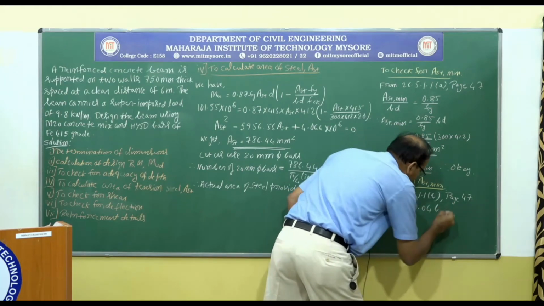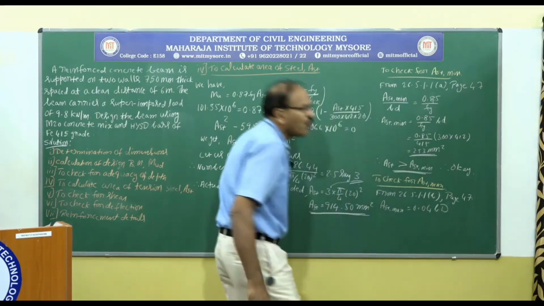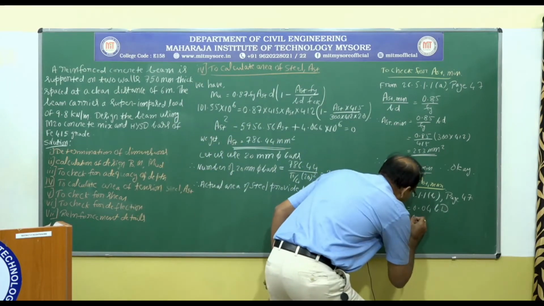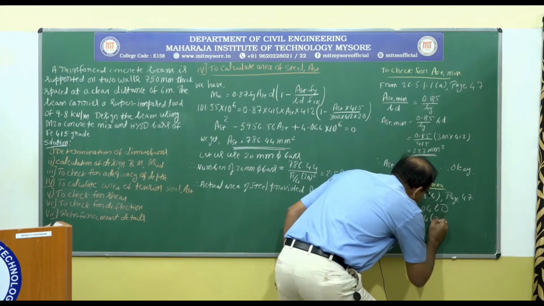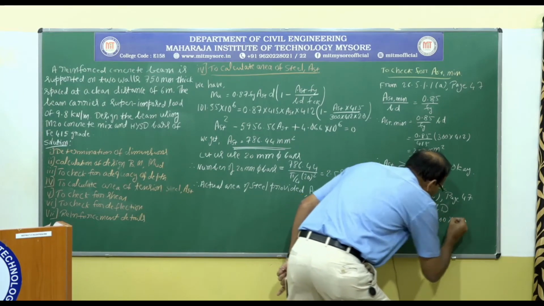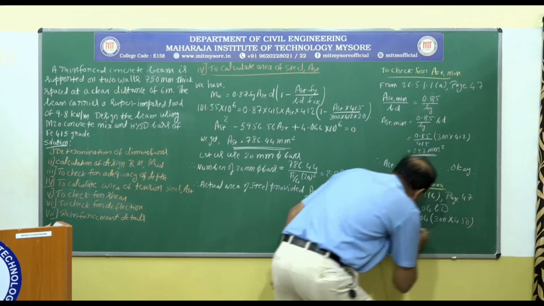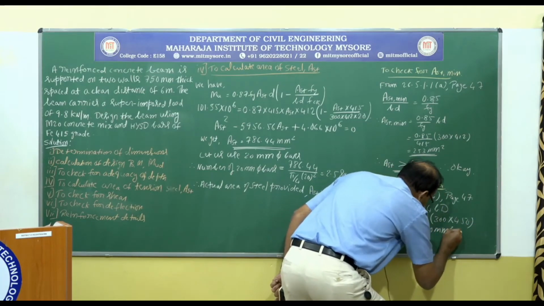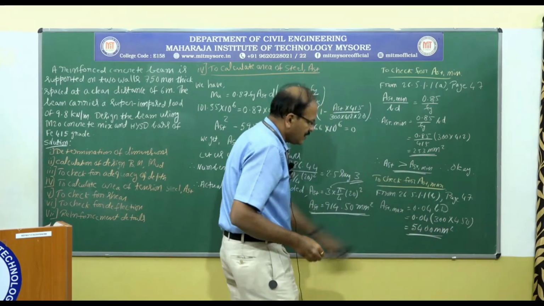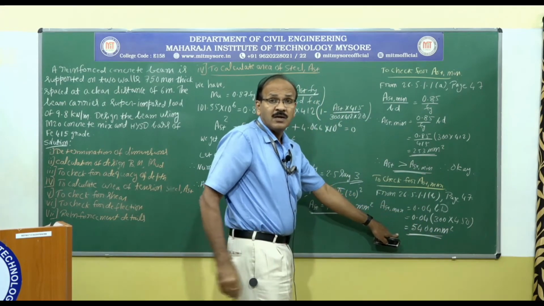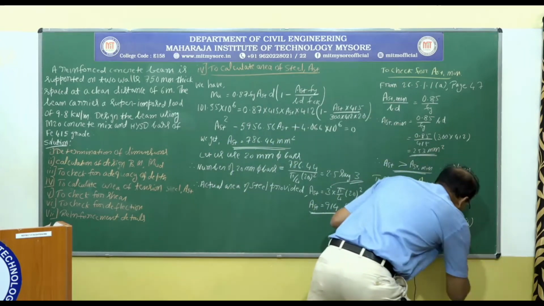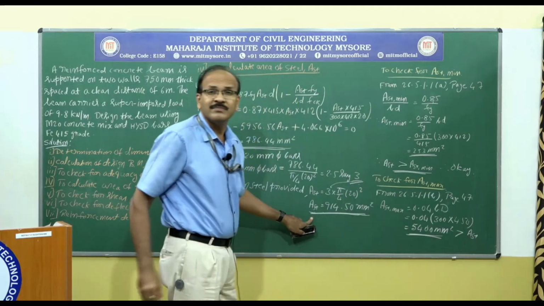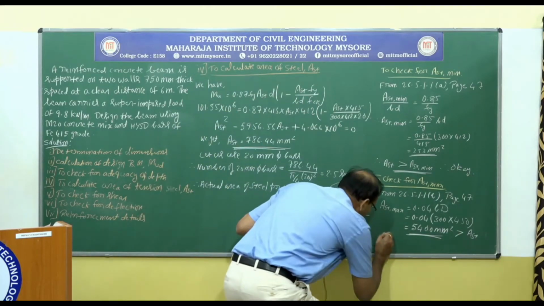D is capital. We need to consider the overall depth, but not the effective depth. So it is 0.04, 300 is the breadth, 450 is the depth, that is equal to 5400 millimeters square. This is AST maximum. So AST maximum is greater than AST we are providing. Therefore, okay.